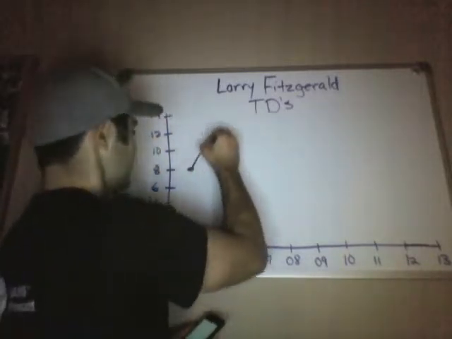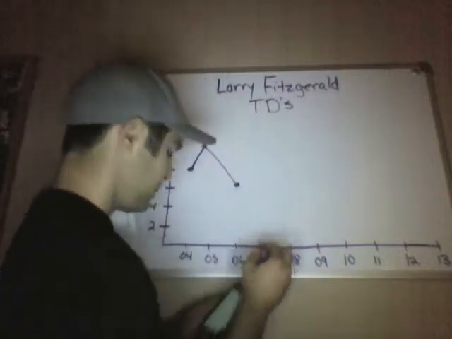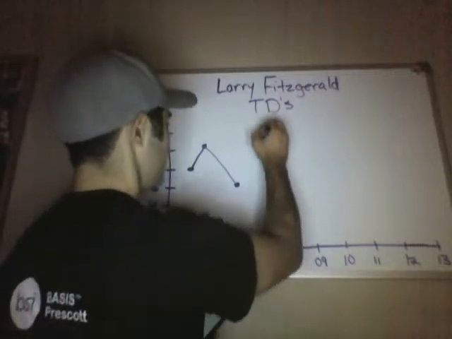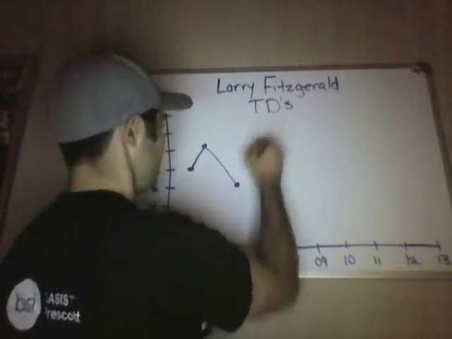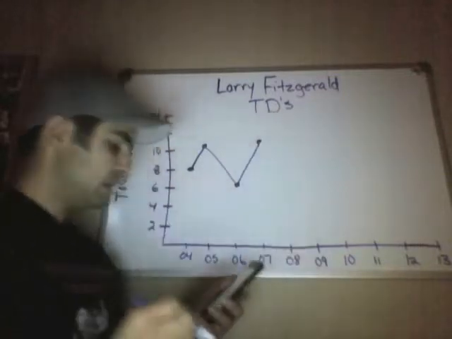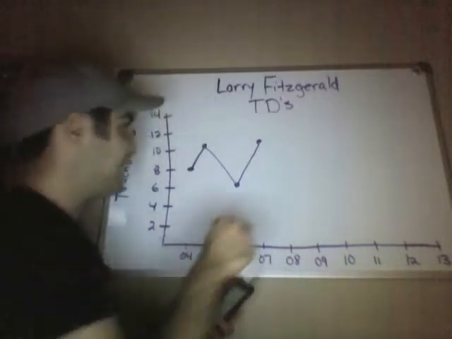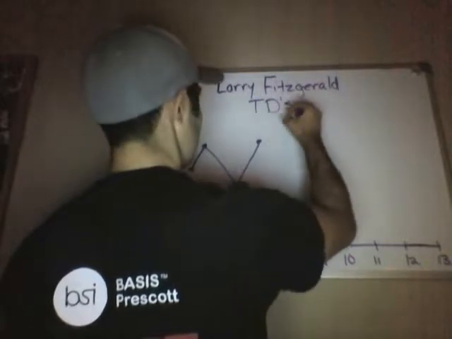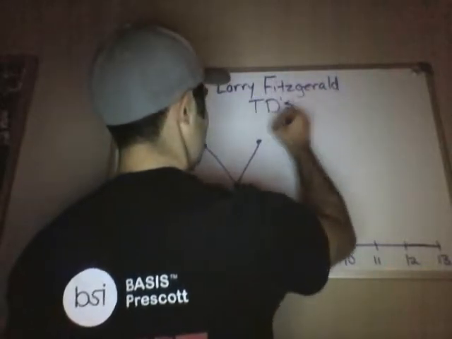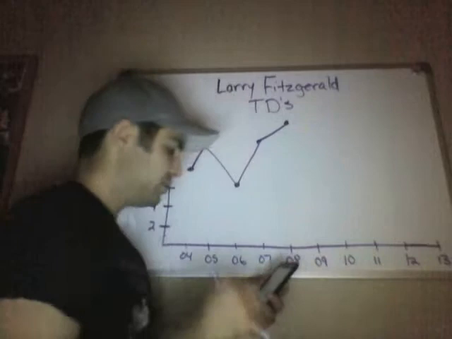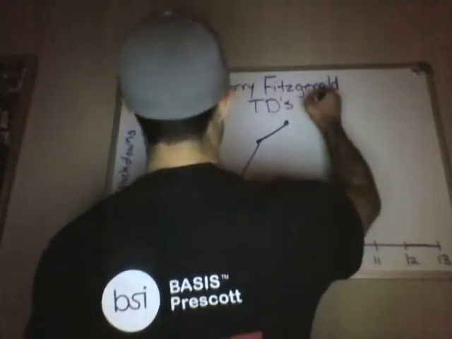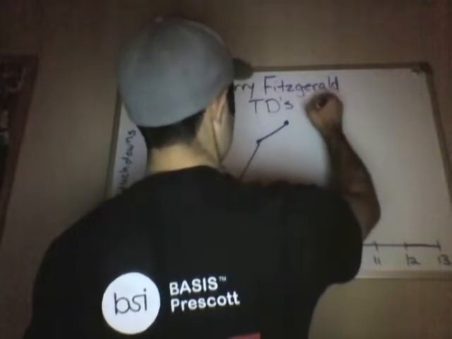So let's do a little line graph. In 2007, he had 10 again. In 2008, he had 12. In 2009, he had 13.